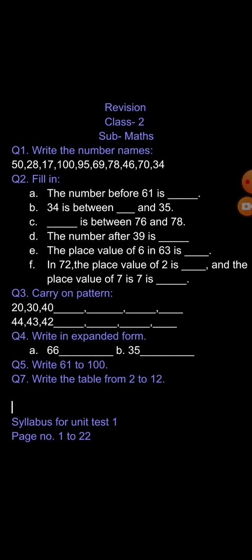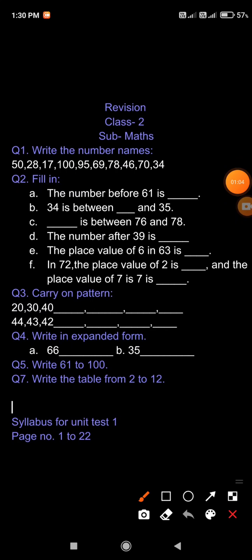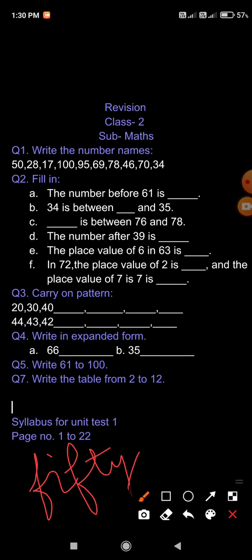Write the number names. Here you will write the spellings of these numbers. First one, you will write the spelling of the number name of 50, F-I-F-T-Y, 50.